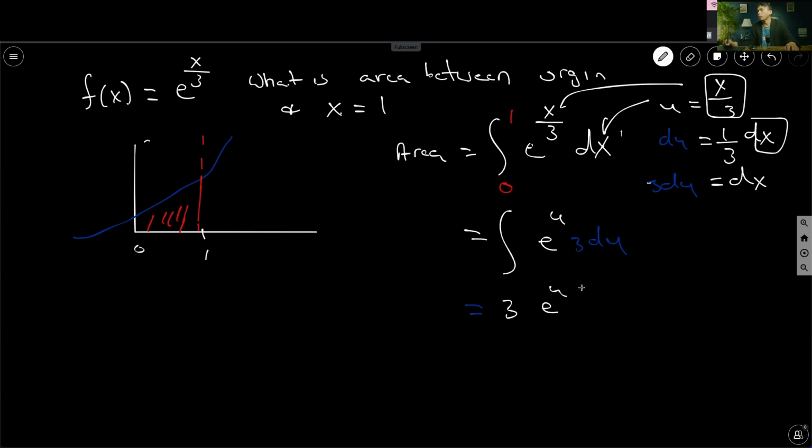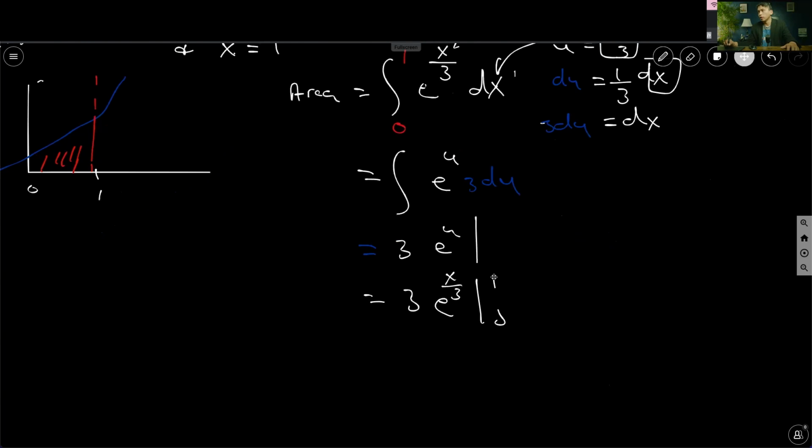And now, before we put the boundaries, we have to change the u back to x. So now it becomes 3 times e to the x over 3 from the boundary conditions of 0 and 1. And of course, now we just plug it in like all definite integrals.